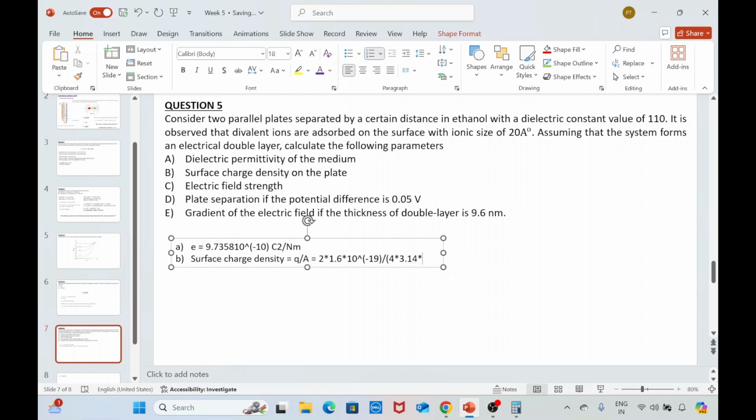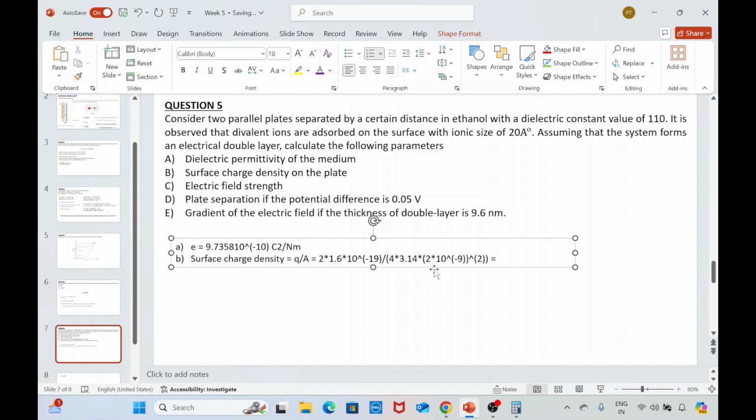So r is 20 Armstrong, that is 2 nanometers. So this is the expression for surface charge density.